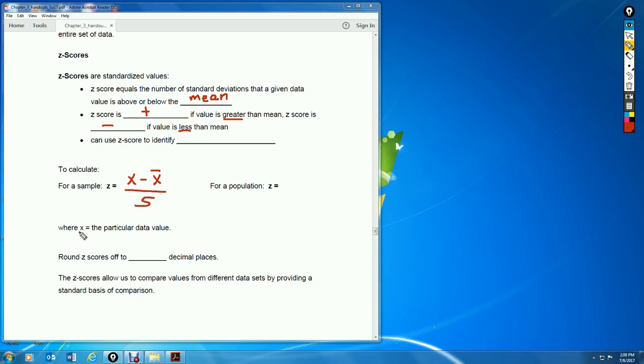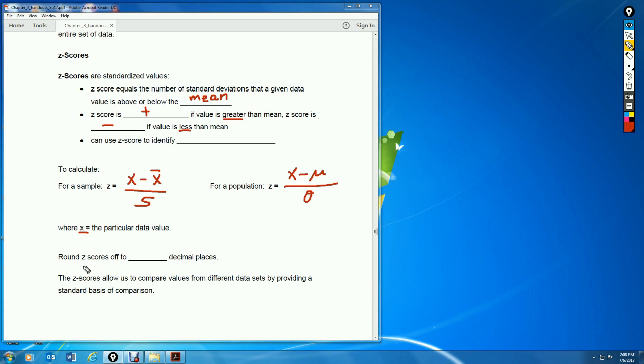Okay, so where x is the particular data value, and then you're subtracting the sample mean and you're dividing by the sample standard deviation. All right, now if you're talking about a whole population, then the z-score is equal to x, again, just the particular data value, minus mu, which is the mean of the population data, divided by sigma, which is the standard deviation of the population.